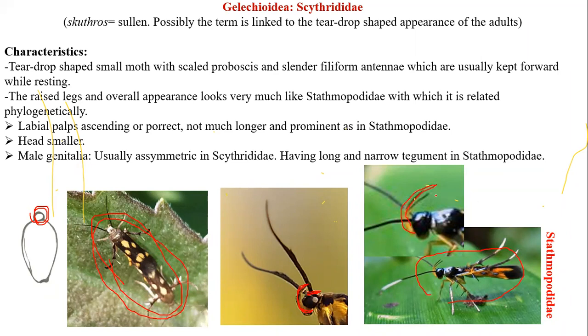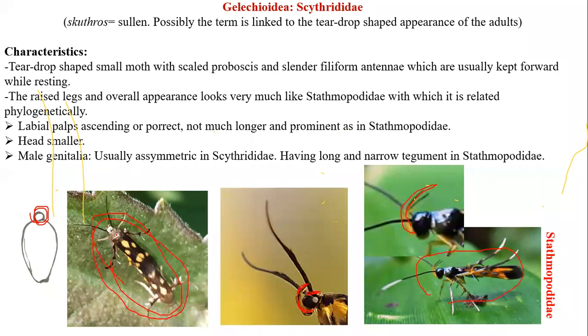However, this type of characteristic, which I am showing here for Stathmopodidae, is also found in another family of superfamily Gelechioidea, which is Cosmopterigidae. So this often makes confusion in separating Stathmopodidae from Cosmopterigidae.